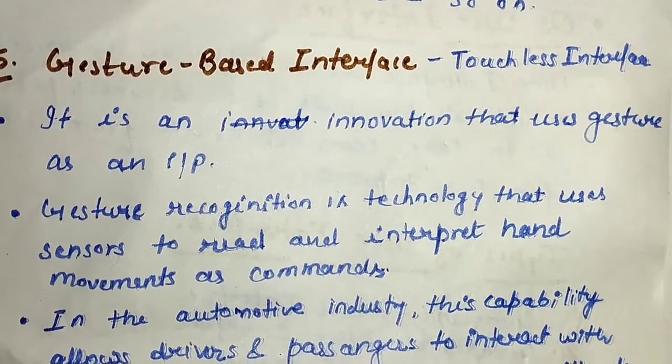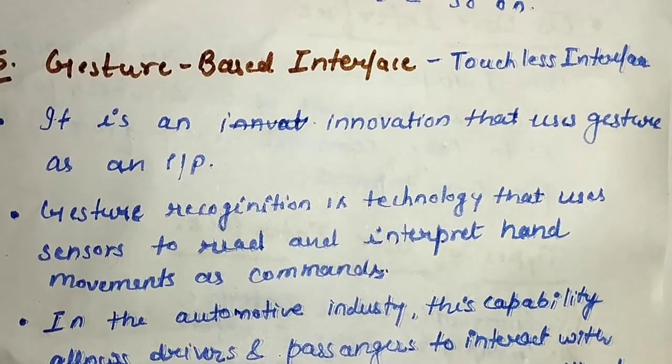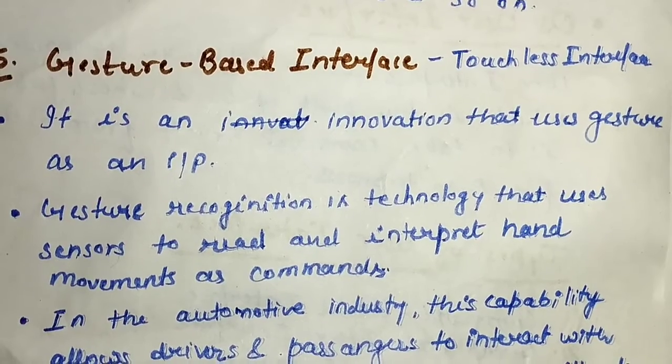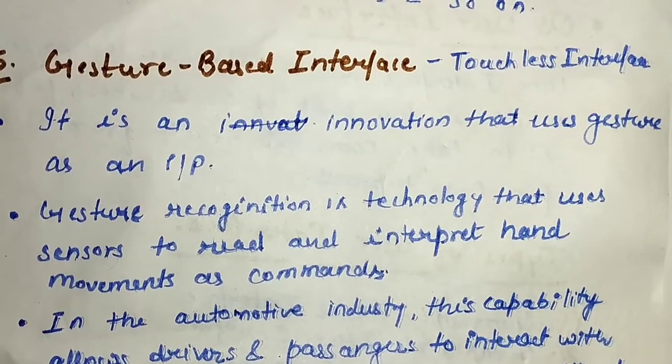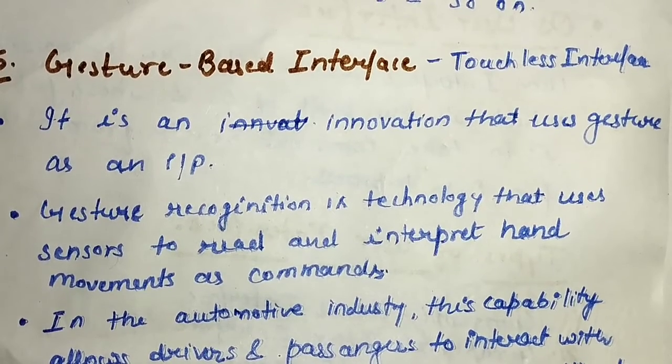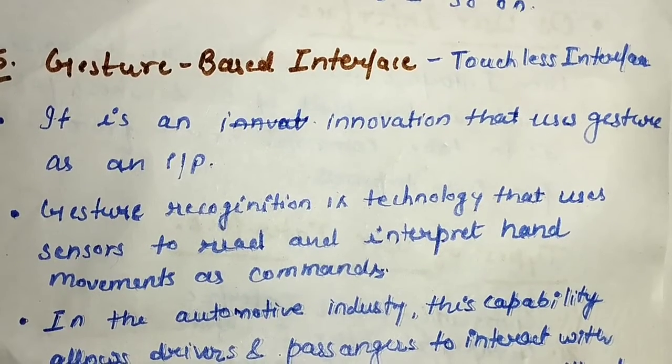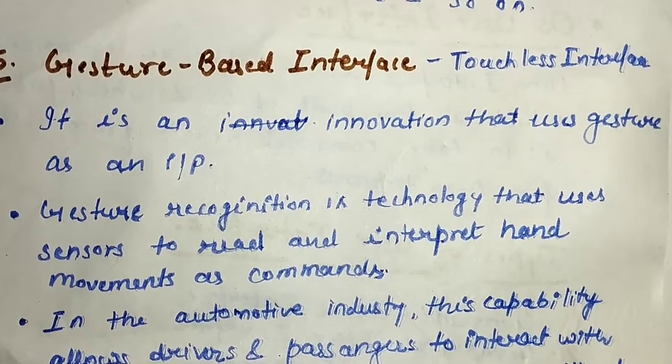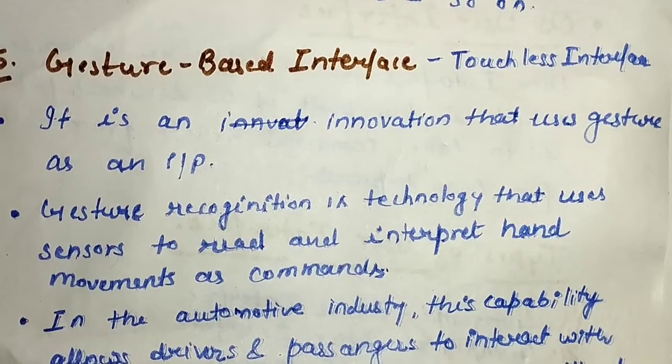Another interface is gesture-based interface, which is known as touchless interface. Gesture-based interface is an innovation that uses a gesture as an input. Gesture recognition is a technology that uses sensors to read and interpret the hand movement as a command.